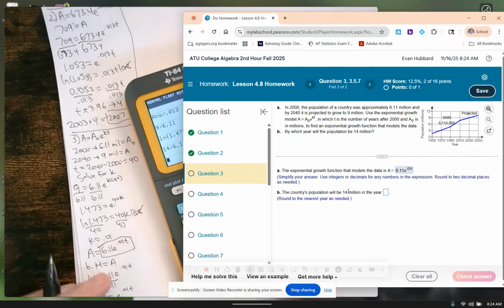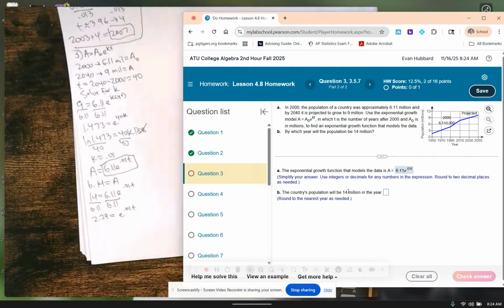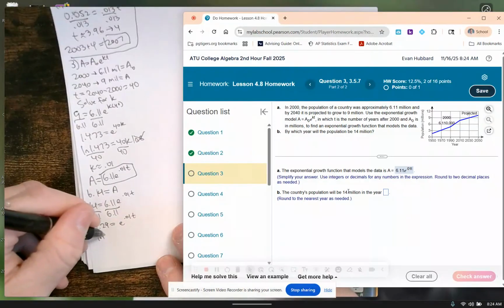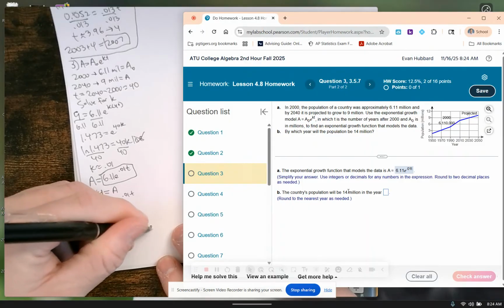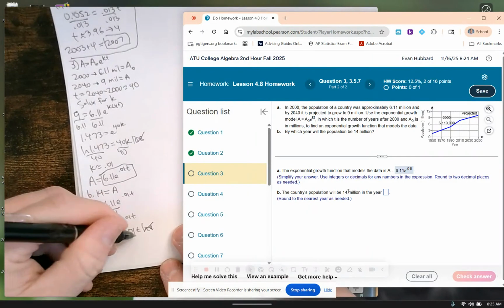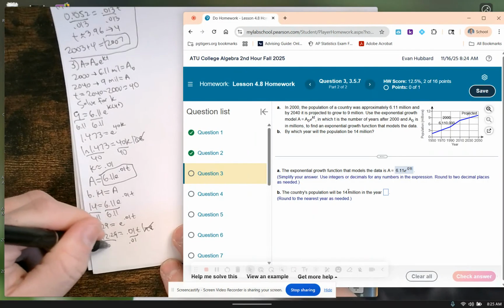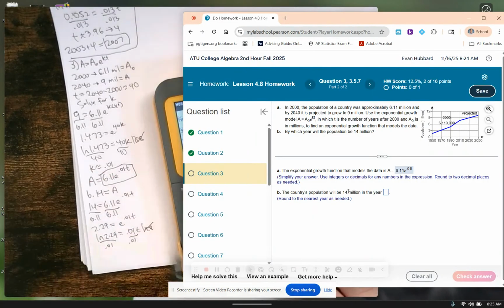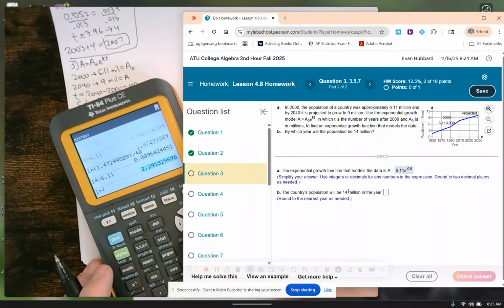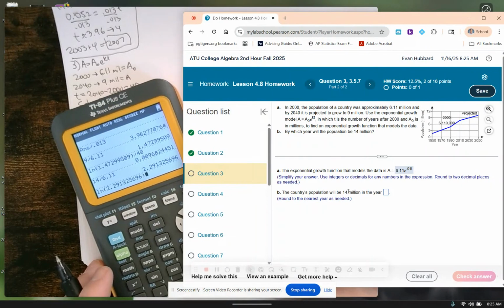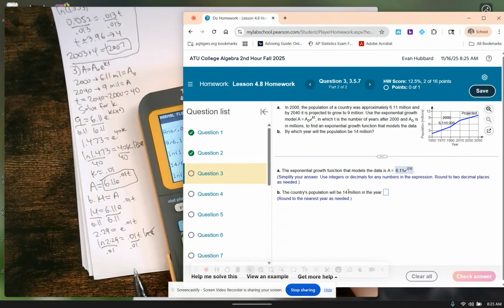Now I take the ln of both sides. So ln of 2.29 is equal to 0.01t ln of e. That cancels, so I'll divide by 0.01. I'm going to use the exact here, or somewhat exact, ln of 2.29 divided by 0.01.